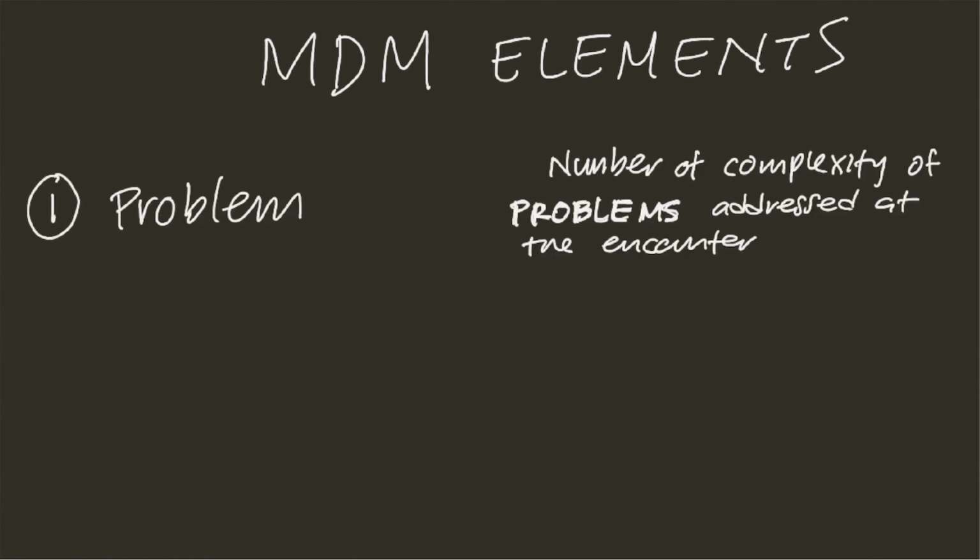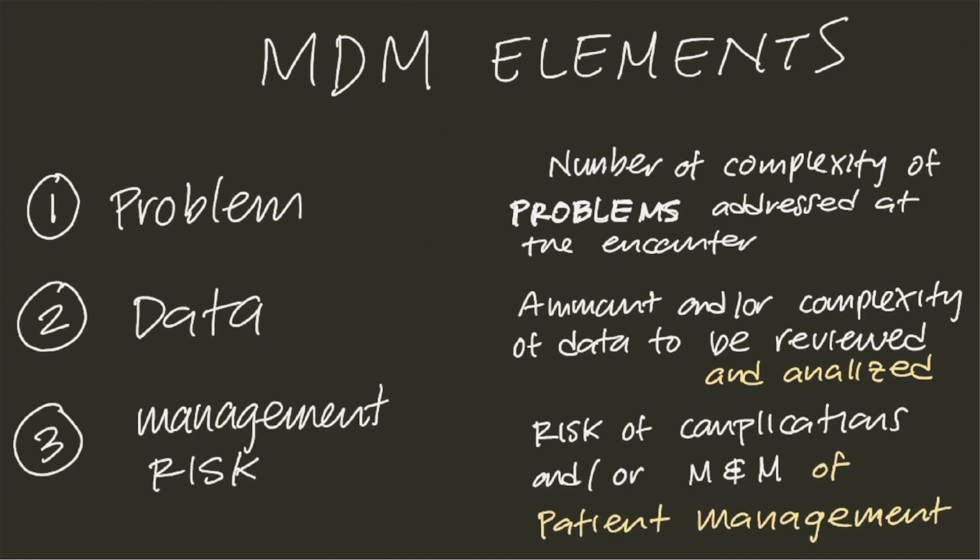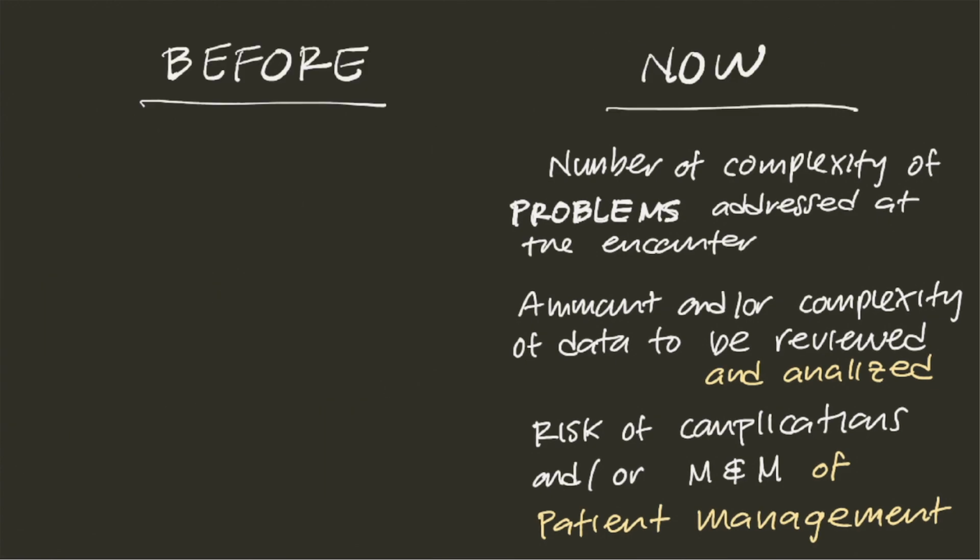Medical decision-making depends on 3 elements: number and complexity of problems addressed at the encounter, amount and/or complexity of data to be reviewed and analyzed, and risk of complications and/or morbidity or mortality of patient management. There are subtle but significant changes in the definitions of these 3 elements compared to the previous guidelines.